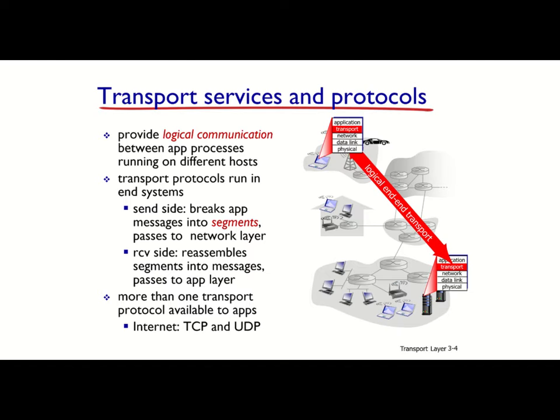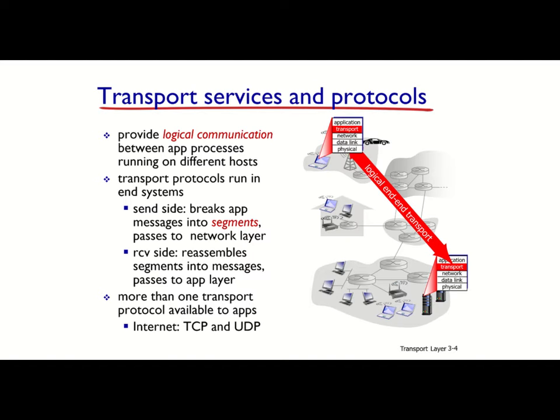The sending side, which is the sending process, breaks the messages into segments and passes them to the network layer. So the sending process wants to send a message to the receiving process. First we have to break that message into smaller chunks, which we call segments.